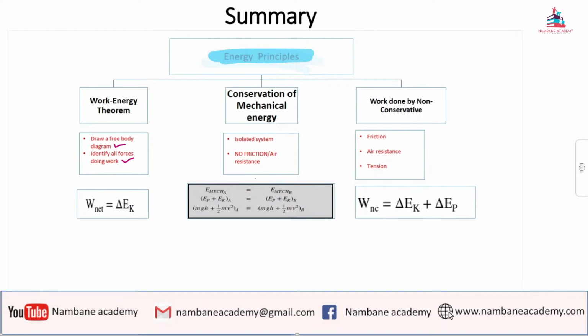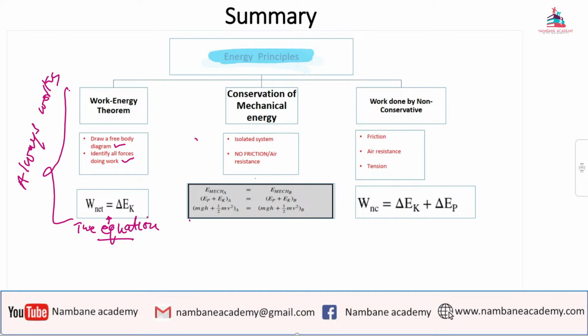When the examiner says now use the work energy theorem, this is the equation that one must use. And I did say this one always works. So if things get difficult, this will be my go-to energy principle.